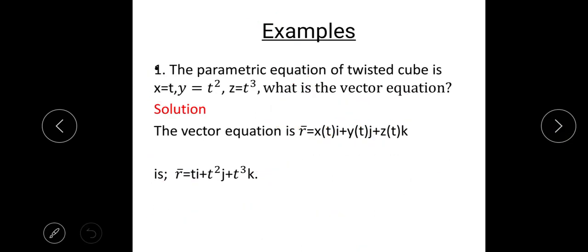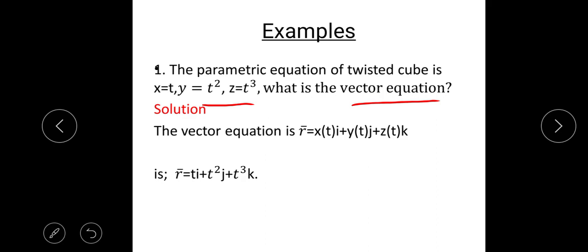Now let us take the first example. The parametric equation of a twisted cubic is x is equal to t, y is equal to t square, z is equal to t cube. What is the vector equation? See, we can represent an equation either in parametric form or in vector form.